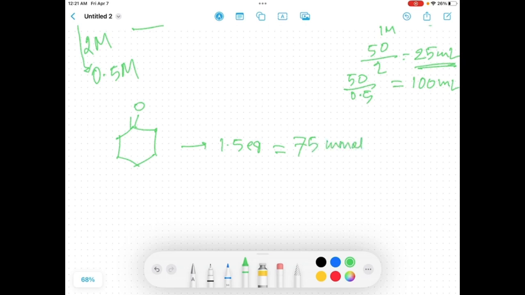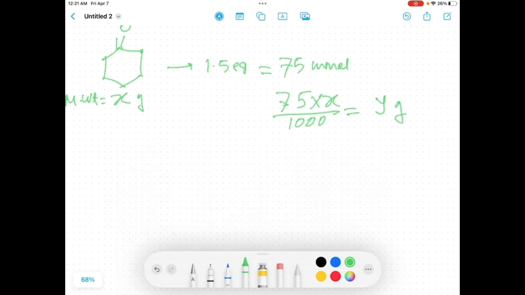And suppose the cyclohexanone molecular weight is x gram per mole. Now you need 75 millimole times x divided by 1000, which will be, suppose, y gram.